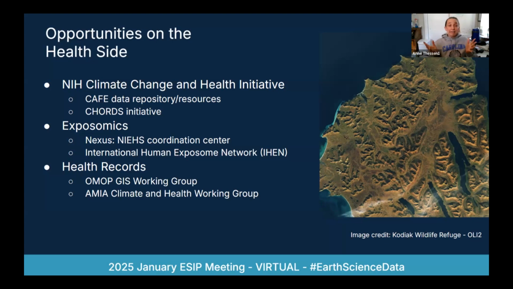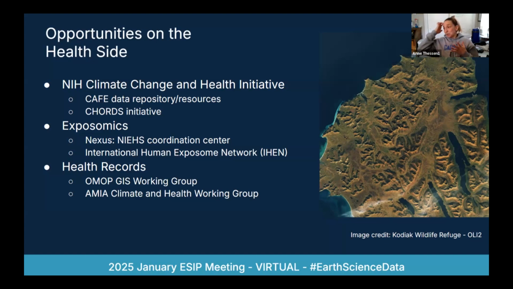There's also this entire field called exposomics, which is sort of like genomics or phenomics. This is the exposure part of it. There's an NIEHS coordination center called Nexus, and there's also the International Human Exposome Network, which is more of a global or European organization.